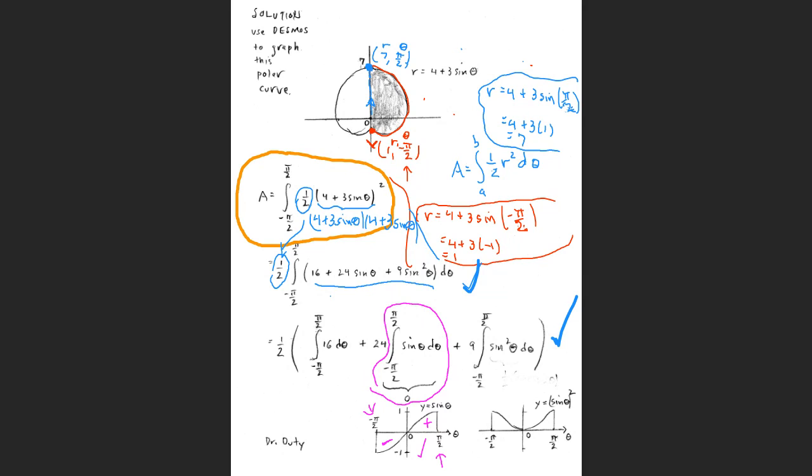Okay. And then I note that the sine squared of theta is the same as sine of theta, squared.